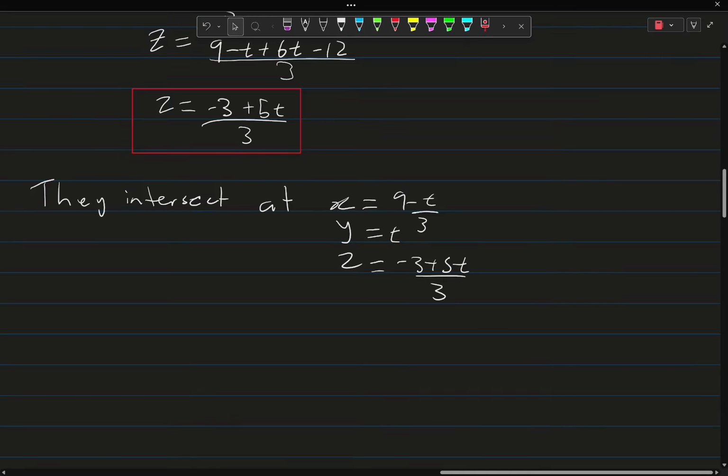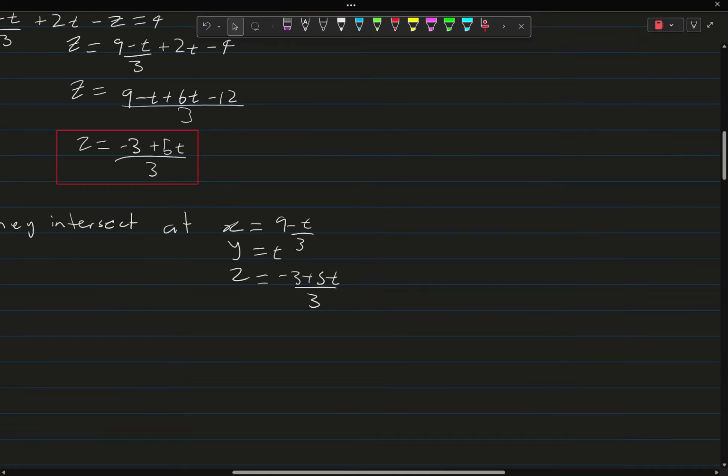So we have these equations, these coordinates, but we can also represent it in the form of a vector line.